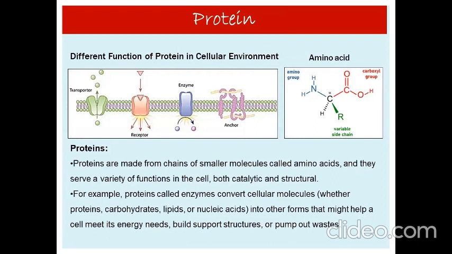Next, we'll go for another important class of chemical groups, that is protein, and what is its role inside the cellular environment. Proteins are macromolecules made from chains of smaller molecules called amino acids, and they serve a variety of functions in the cell, both catalytic as well as structural.